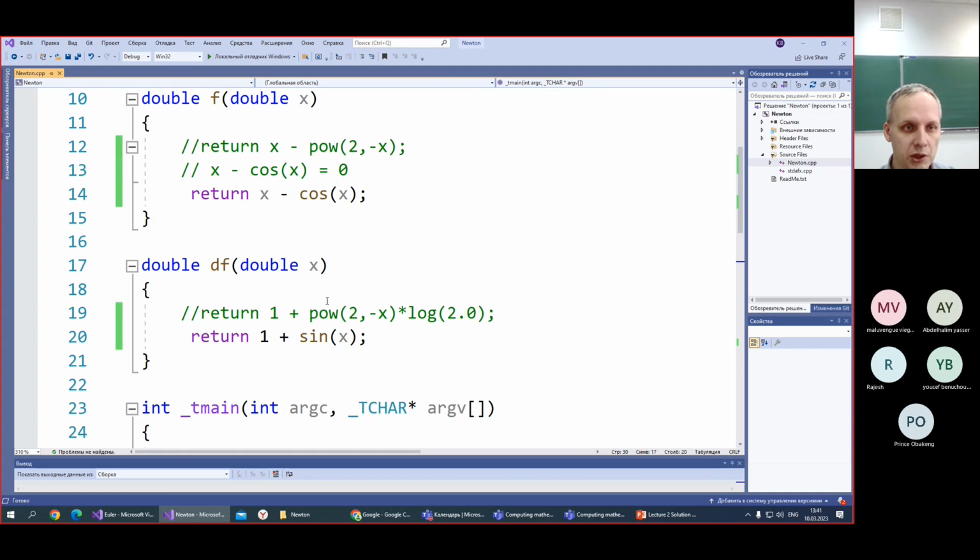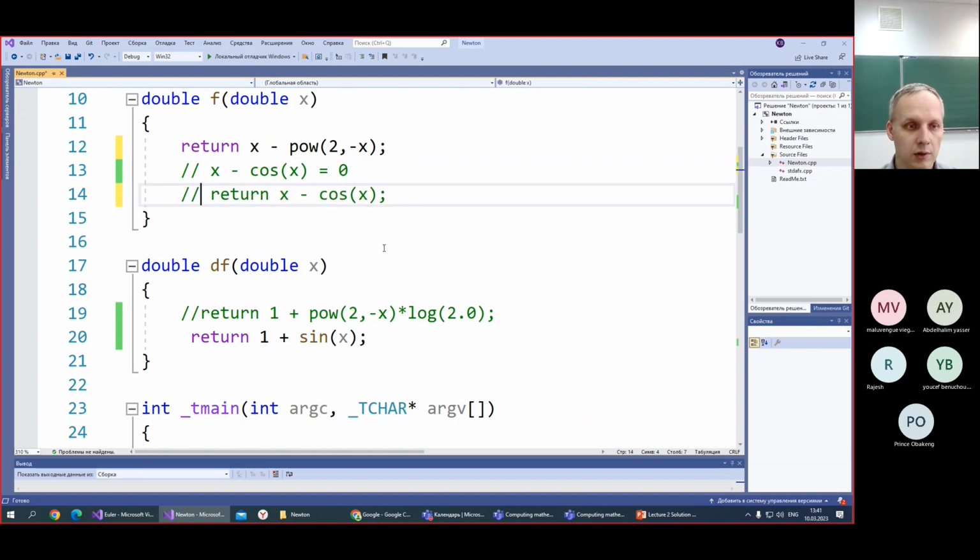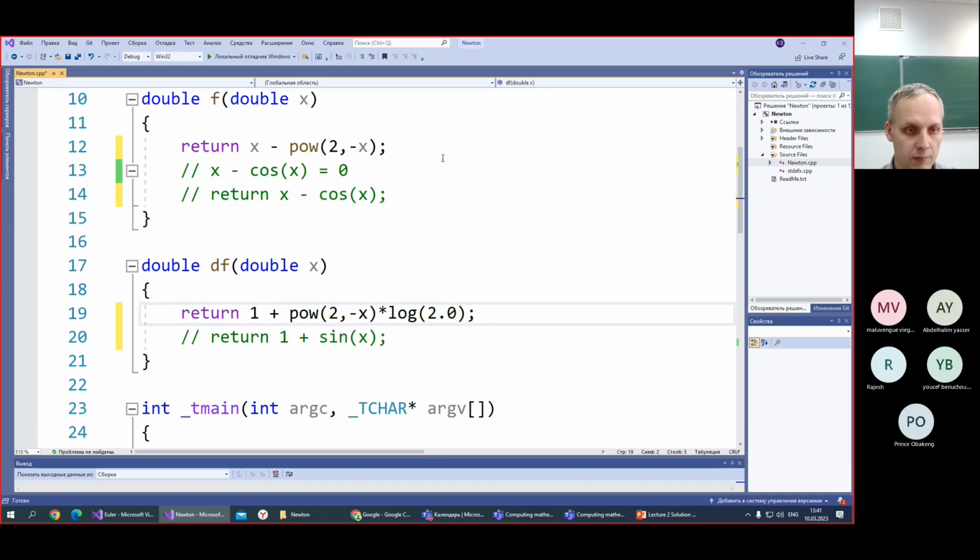If we need to change the function, we can do it. This is another example. The function is x minus 2 power minus x. The derivative of this function is 1 plus 2 power minus x times log 2.